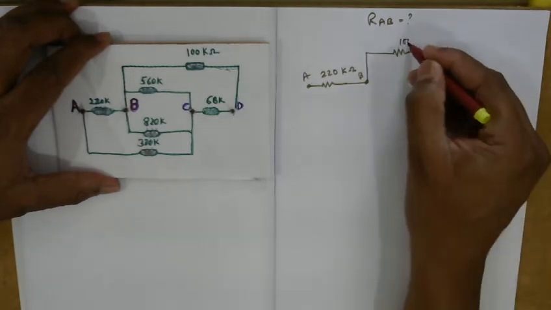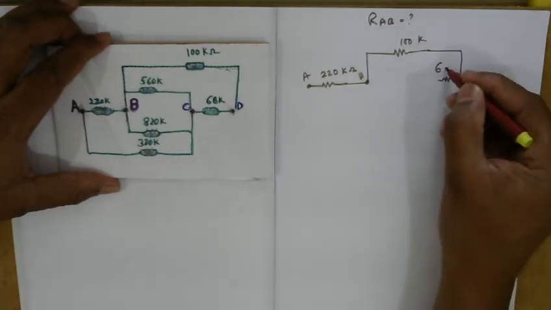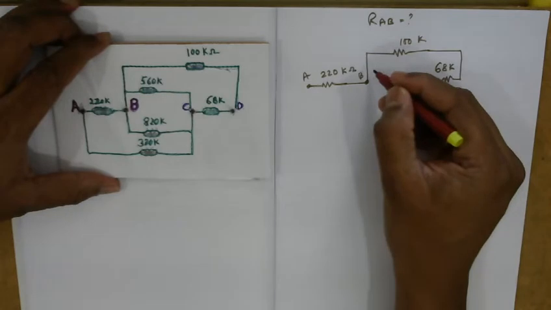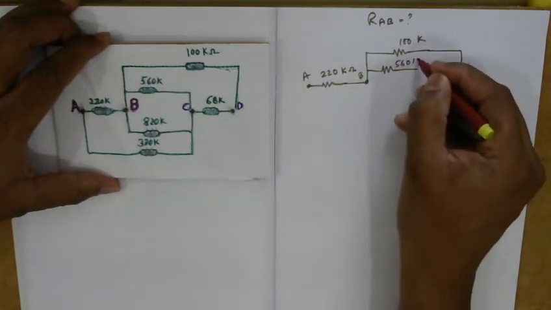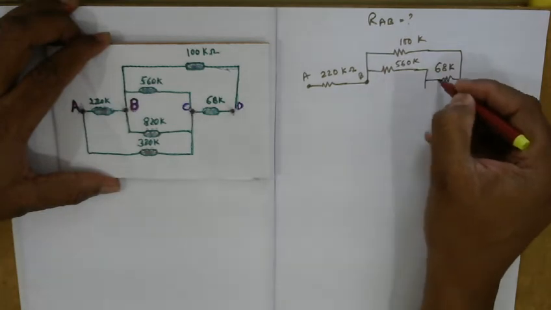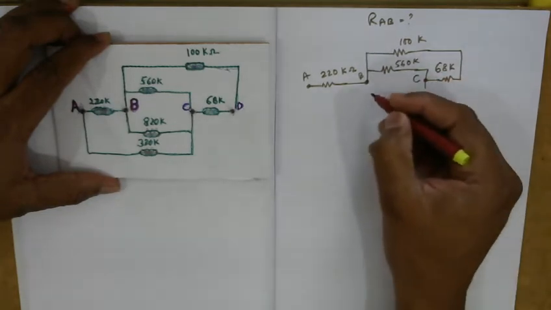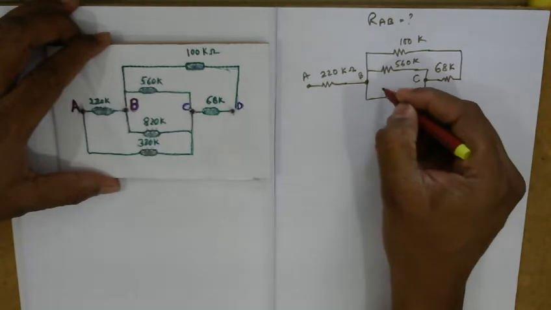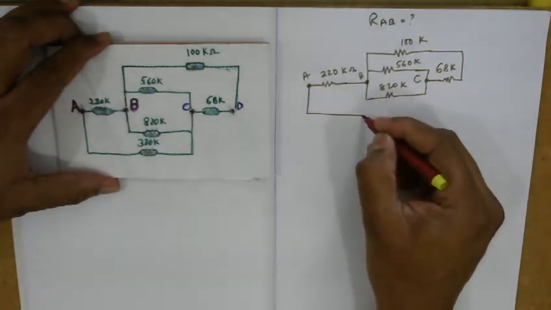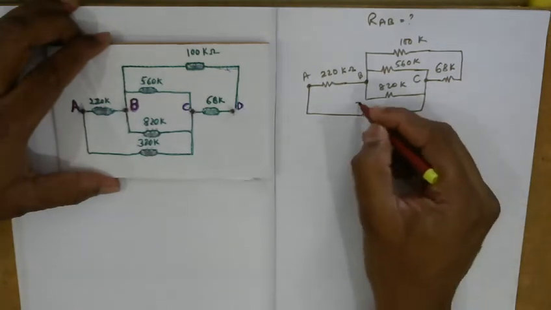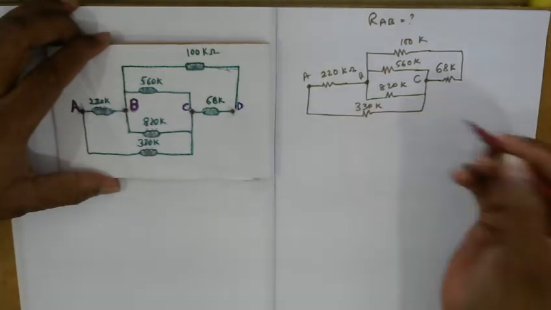So this is 100K and this is 68K, and here we have 560K. This node is C, and here we have 820K, and finally we have 330 kilo ohms.